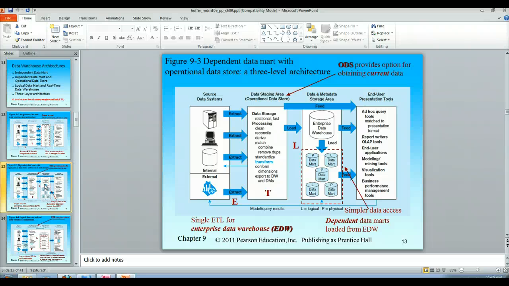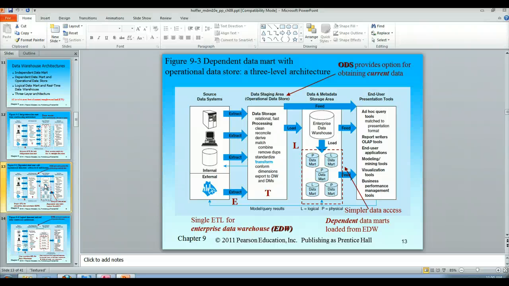Then after it's in the data warehouse, it loads the data once again into dependent data marts. In the previous example, the data marts were independent of each other. They were fed data directly. Now these data marts are dependent on the enterprise's data warehouse to feed them information, hence the difference between independent and dependent.